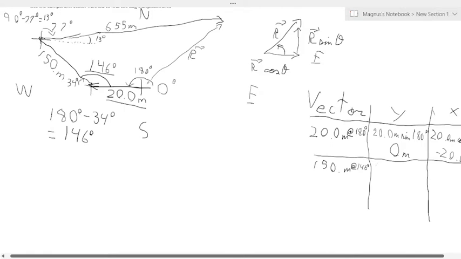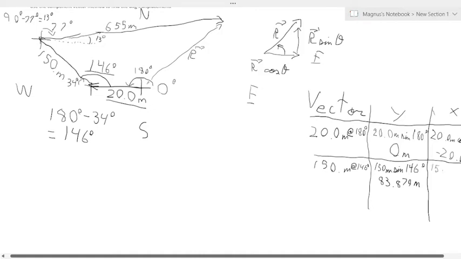So to find our y, we do 150 meters, and we take the sine of its angle relative to 0 degrees or east, which is sine 140 degrees, and this equals approximately 83.87 meters. Again, you can do these calculations on your own if you want.